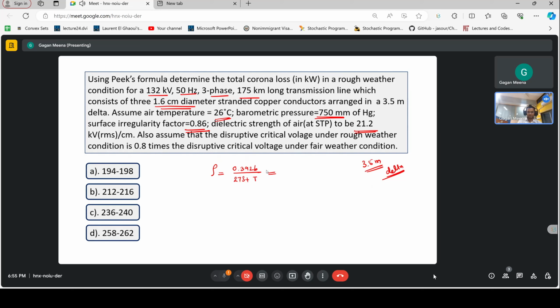Also assume that the disruptive critical voltage is 0.8 times the disruptive critical voltage for fair weather condition. So first we have to calculate the disruptive critical voltage for fair weather condition, and then VD dash will be 0.8 times VD.